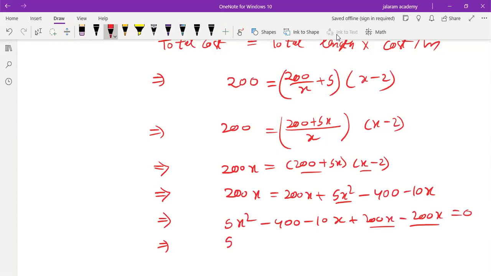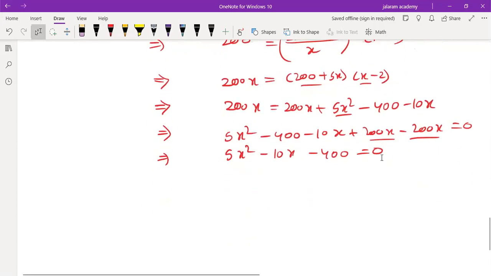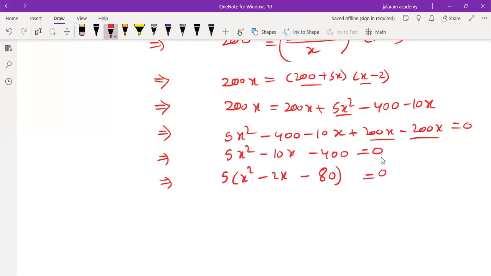So the remaining items, 5X square minus 10X minus 400 equals 0, are written in decreasing powers of X. Then if we take 5 common from the whole equation, it is X square minus 2X minus 80 equals 0.